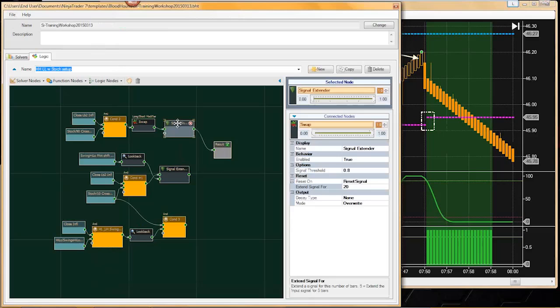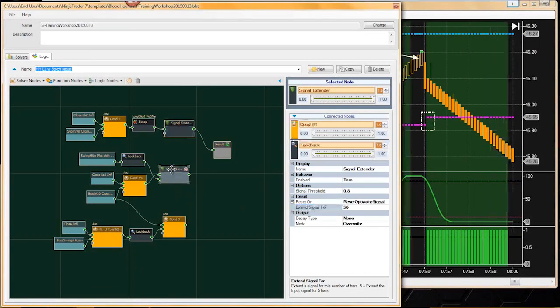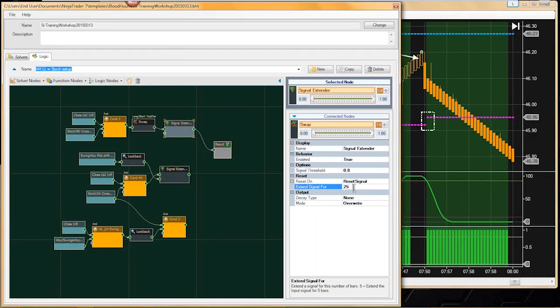So just to be sure, I'll actually set this to 25 bars, which is half of what condition 1's signal extender is set to, 50 bars. So if 50 bars is enough, then 25 bars for condition 2 is going to be plenty. If price kept moving down for 26 bars, then essentially price made a lower low.